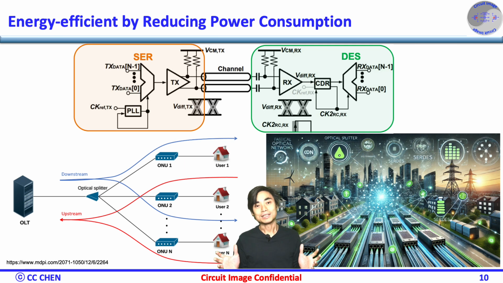SerDes technology in PON systems also contributes to power saving by converting parallel data into serial form. SerDes reduces the number of wires needed for data transmission, further lowering power consumption in network equipment.